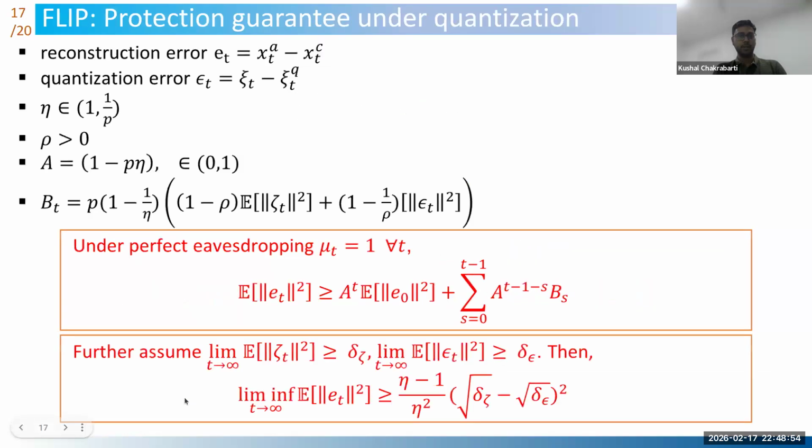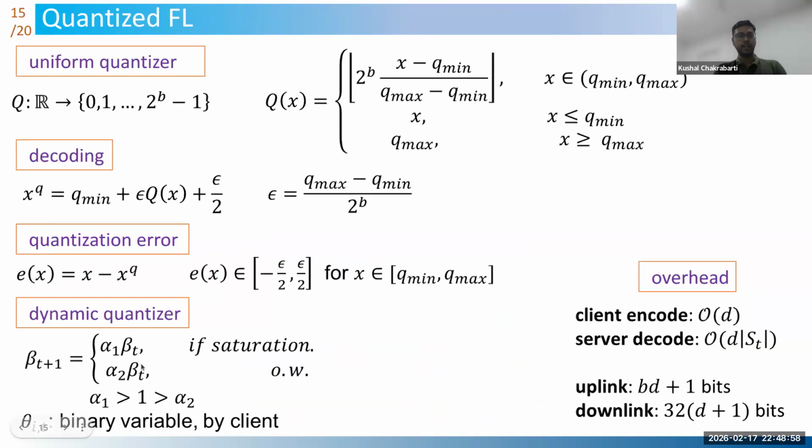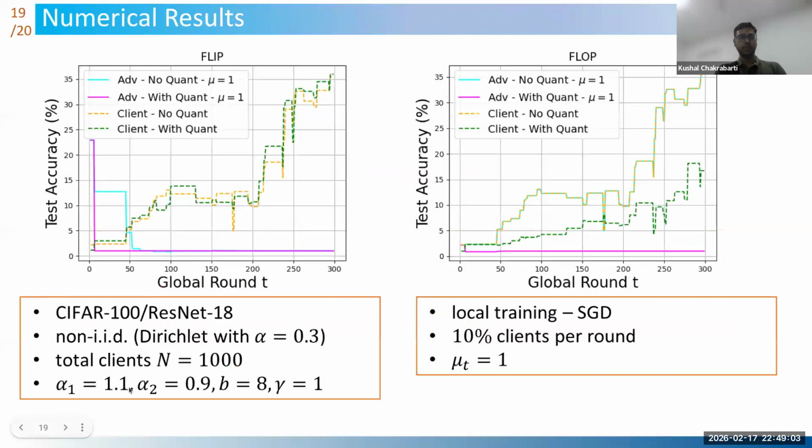So we are mimicking a non-IID scenario, and we set a large number of clients, like 1,000. Regarding the quantization parameters, we have alpha 1 and alpha 2, which are the increment or decrement of the range of the quantization. We set those to be 1.1 and 0.9. We are using 8-bit quantization from client to server, and from server to client, it is full precision. Gamma equal to 1 means that the adversary is eavesdropping at all times.